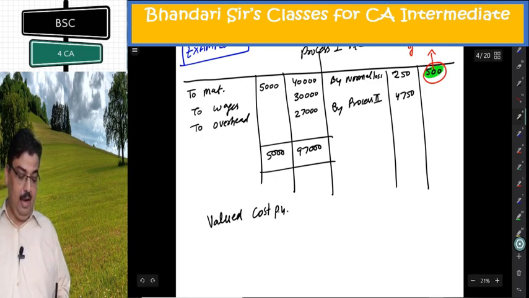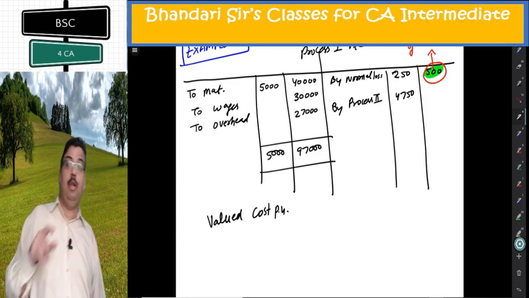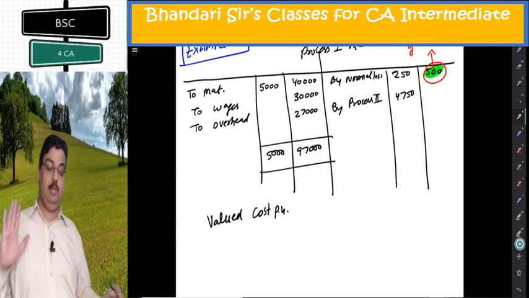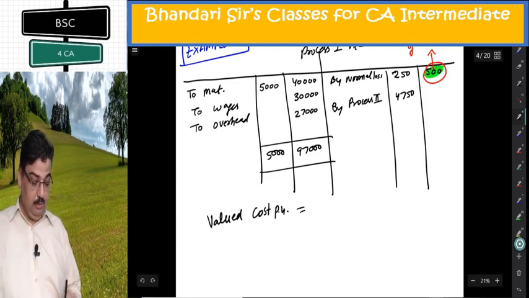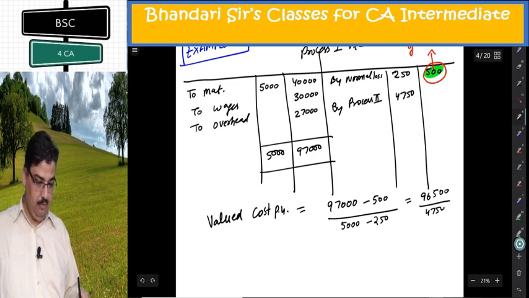The starting part I have just copied from the first question. On credit side against normal loss, instead of nil, I am putting 2 per unit, that is 500 rupees. Now, valued cost per unit will be 97,000 minus 500, divided by 5,000 minus 250. 96,500 divided by 4750.